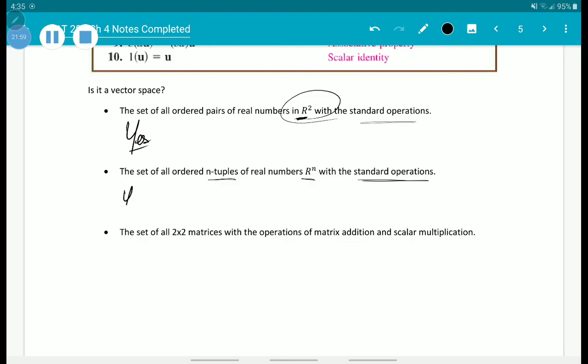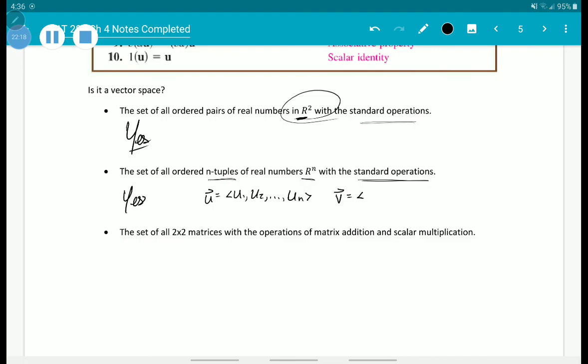The answer is yes, we're definitely going to have a vector space. If we wanted to go through and prove it, and I'm not going to prove all of this one, you can use vectors u1, u2, all the way up to un for u, v, and w.